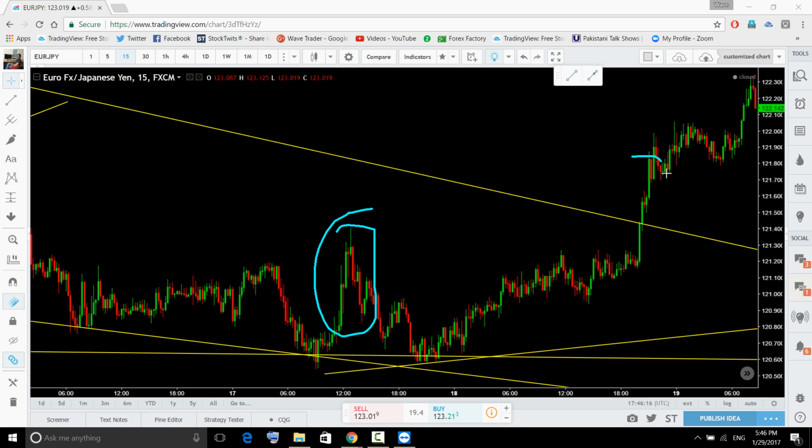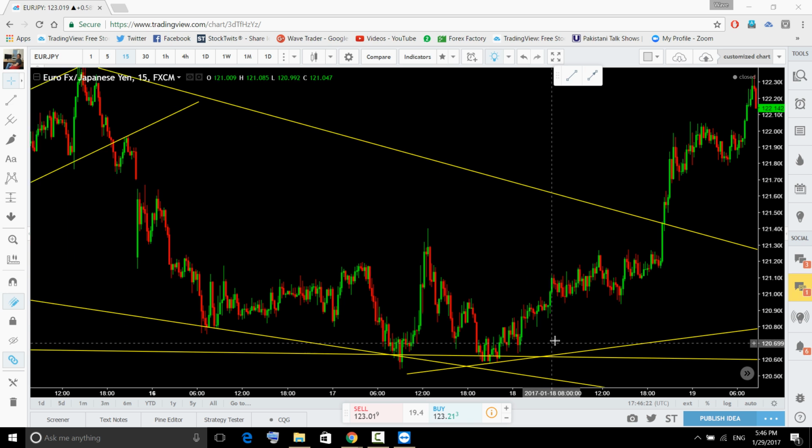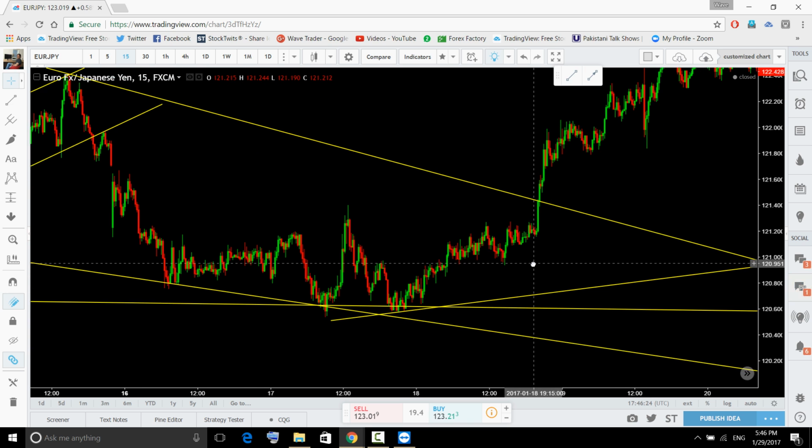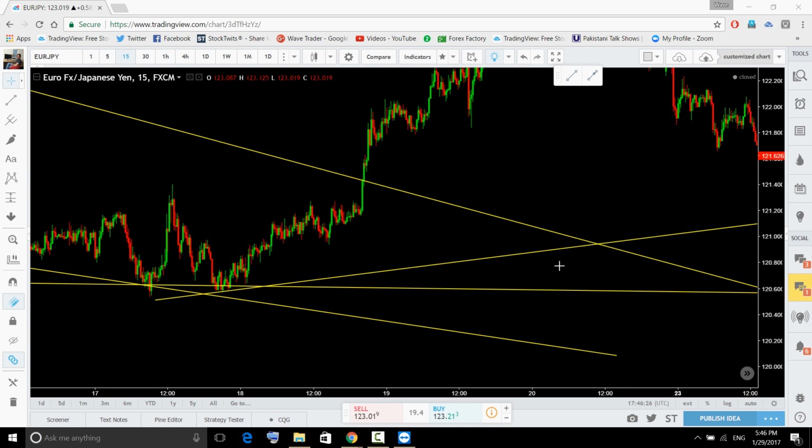These candles are saying that it is not going to continue to the downside. You can all see these candles. Are these candles saying that price is going to continue to the downside? These candles are not saying that.